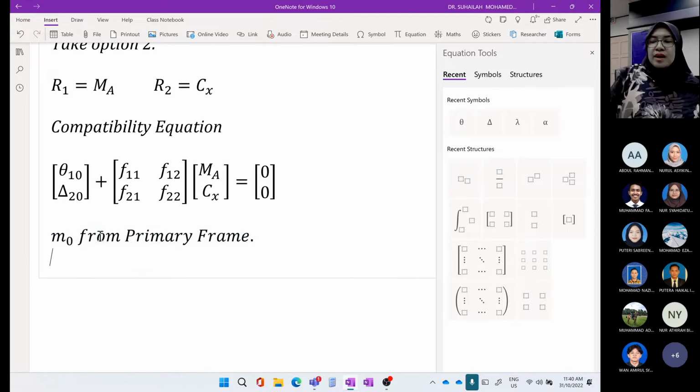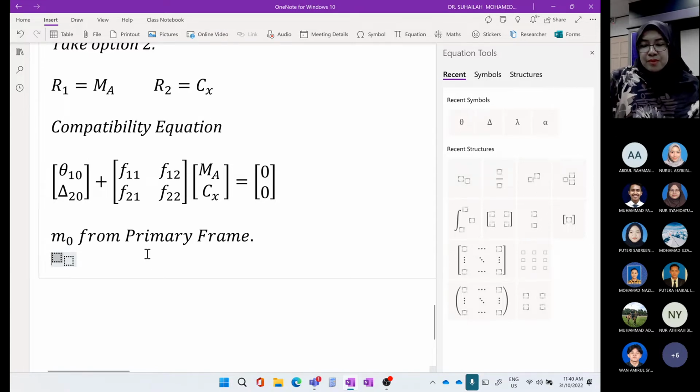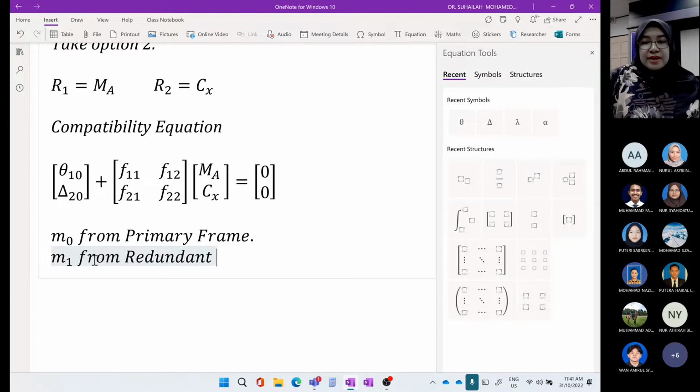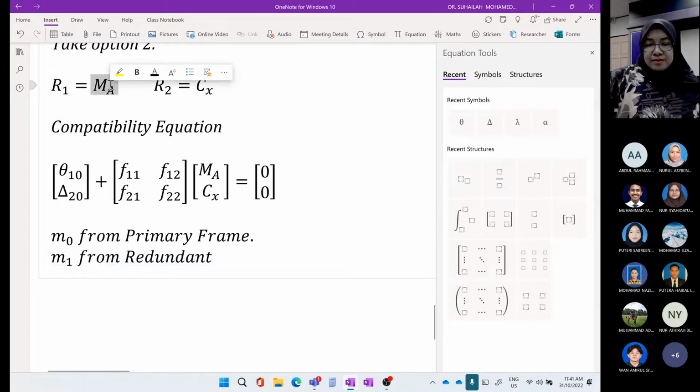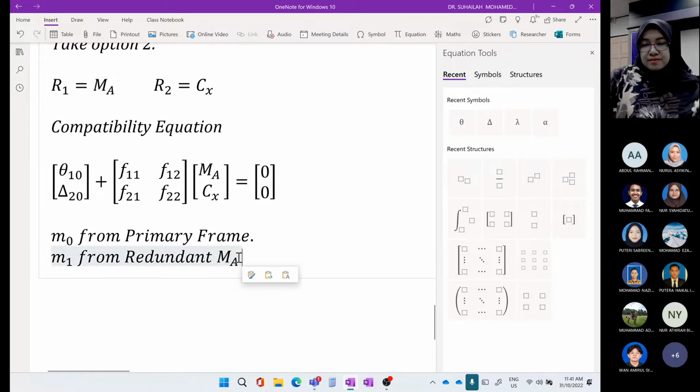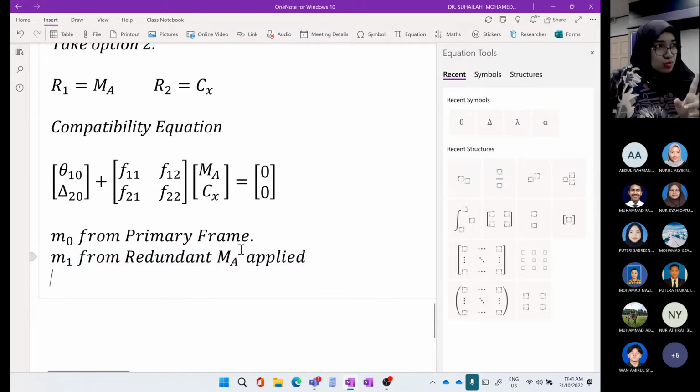Okay, second one, we will have to write M1 from redundant. Redundant number 1 is redundant MA applied. And we have M2.